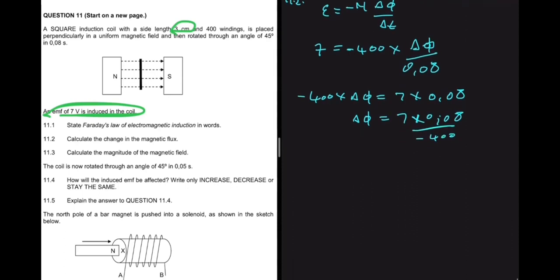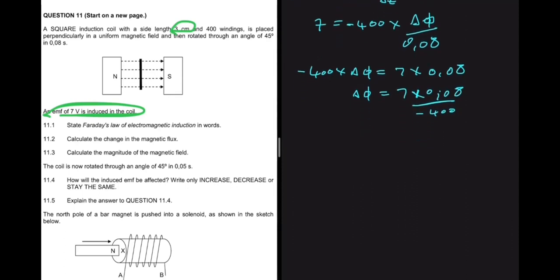So we're expecting a negative value there. And then if you put it in your calculator, you should get minus 1.4 times 10 to the minus 3 Wb, that's Weber. And then we are done with 11.2.